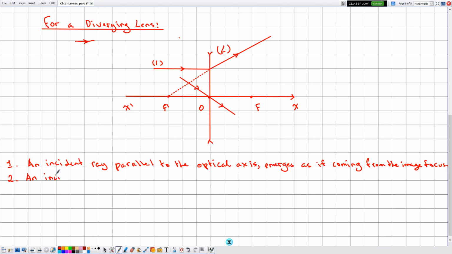An incident ray passing through the optical center emerges without deviation.